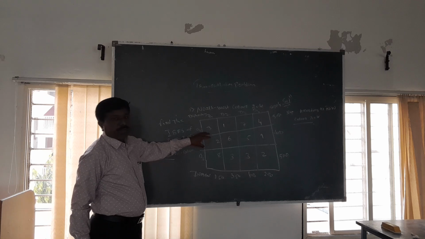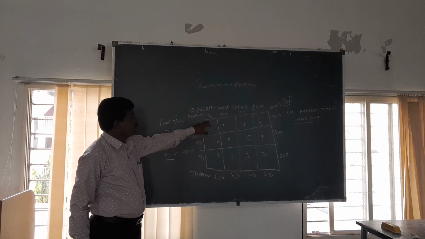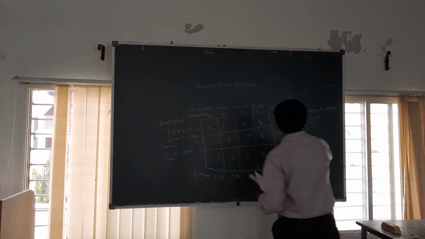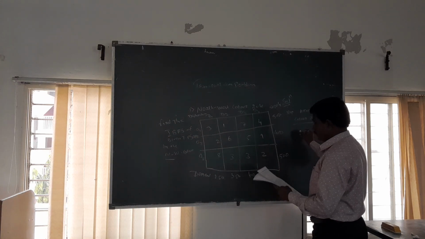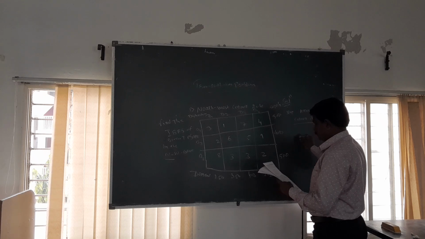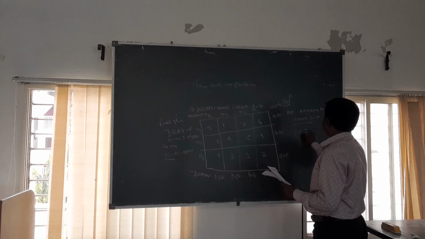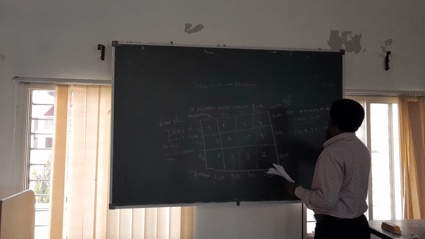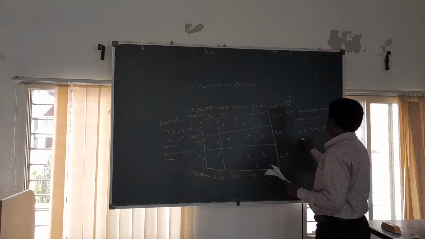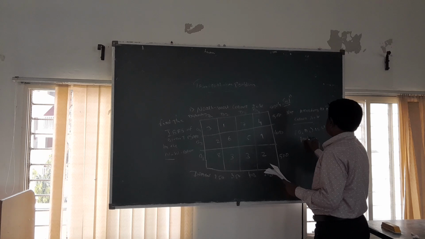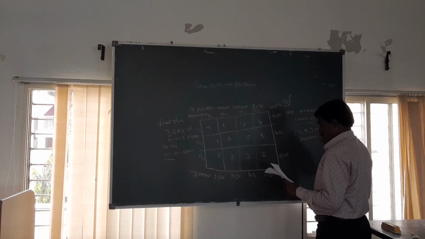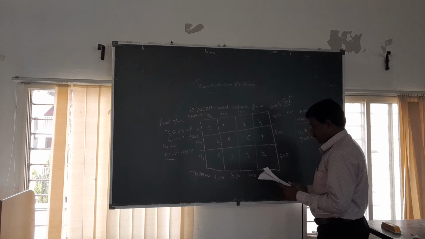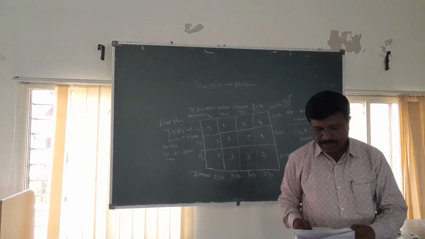In this problem, the first corner is O1 D1, the northwest corner of the table.